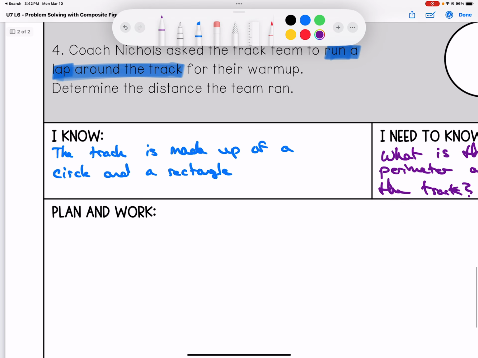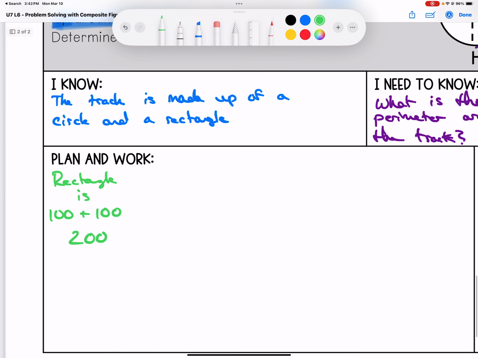So I'm going to go down here. The rectangle is 100 plus 100, which is 200. Okay?